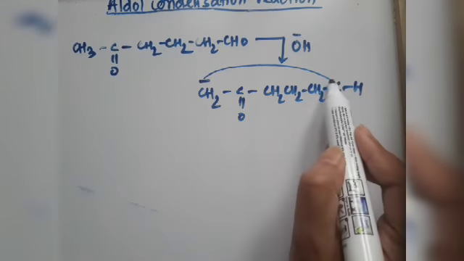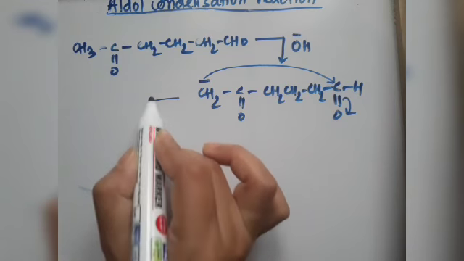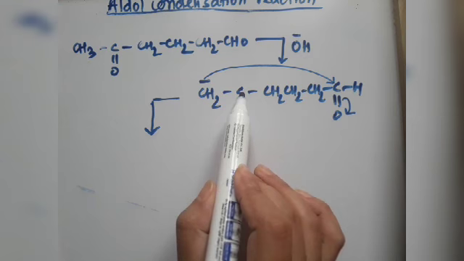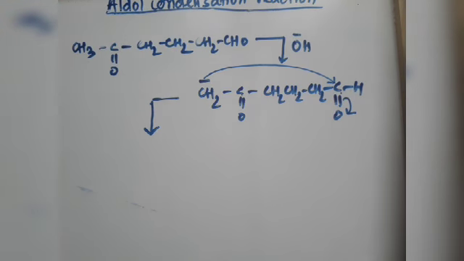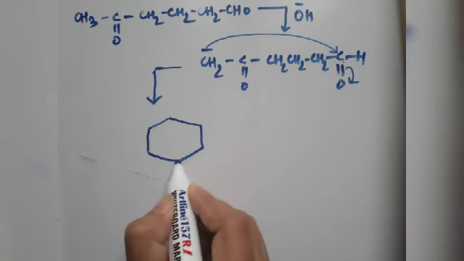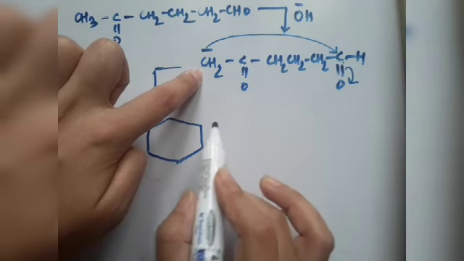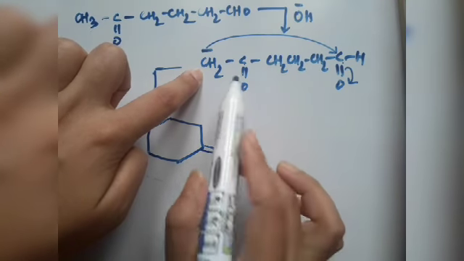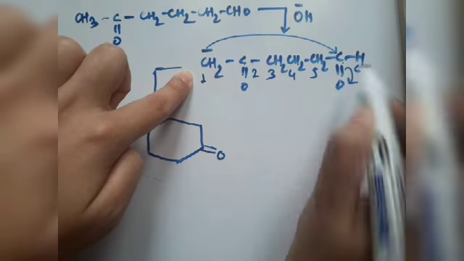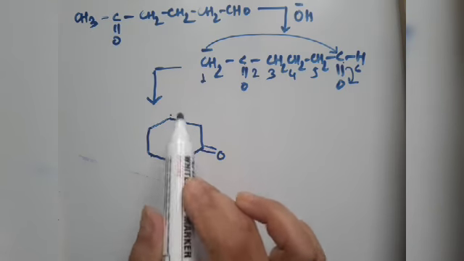Now this anion will be involved in self condensation reaction with the other part of the molecule. Now this one will shift and you can see what will happen. How many members are there in this cyclic structure? 1, 2, 3, 4, 5, 6. Suppose this one is this carbon atom and here we have number 1, 2, 3, 4, 5 and 6.